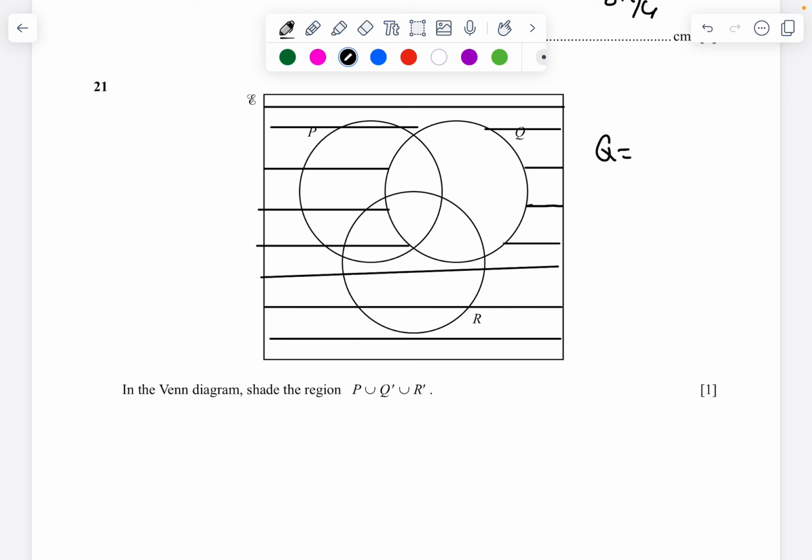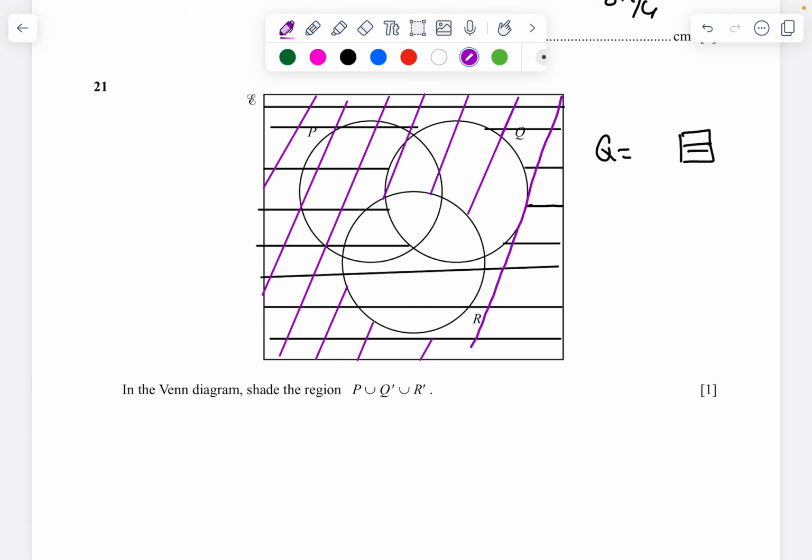So you can write Q equals the horizontal lines. Then R complement, outside of R. Don't enter R. So R is the slanting lines.